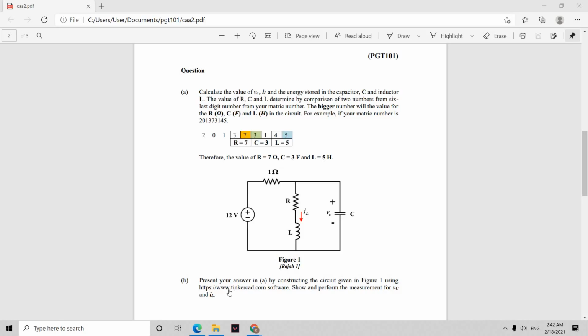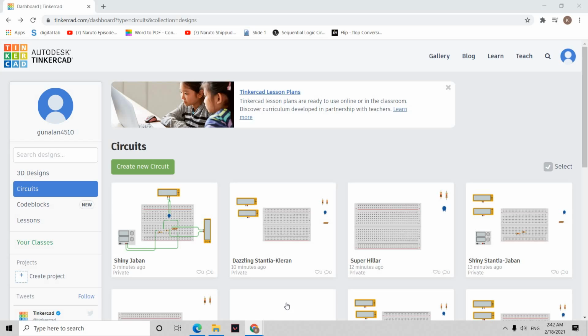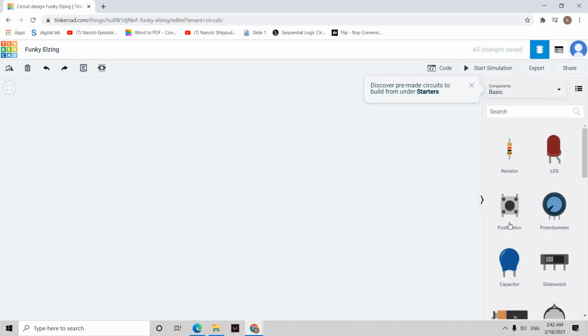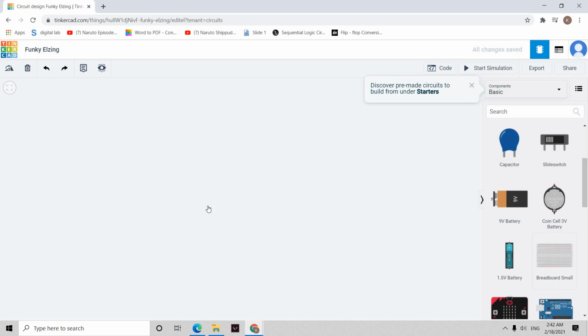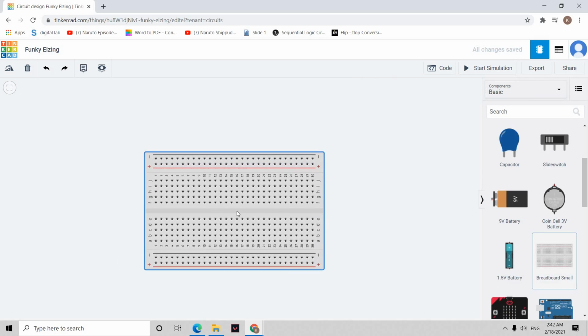To simulate the circuit, I'm going to use the Tinkercad software. Create new circuit. First, I'm going to choose all my components. I'm going to place a breadboard in the middle.